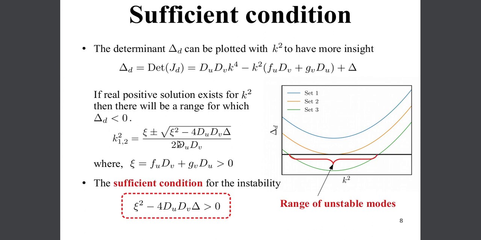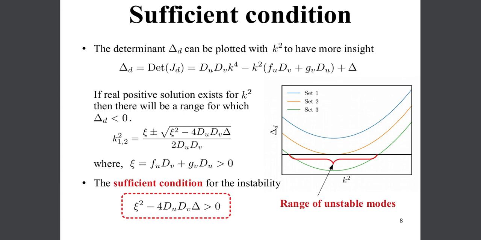We have the solution when the term inside the square root is positive. So this is the sufficient condition. This xi depends on the diffusion coefficients and also on the system parameters, because fu and gv are there. So this is the sufficient condition for instability.